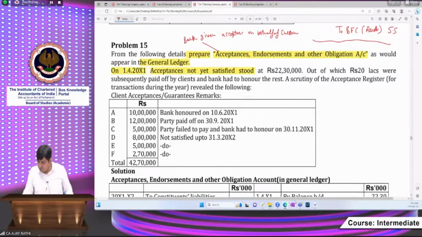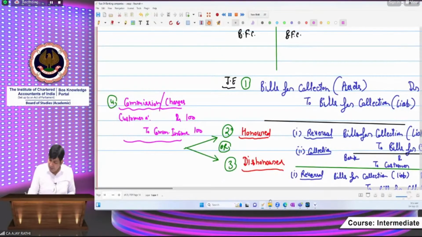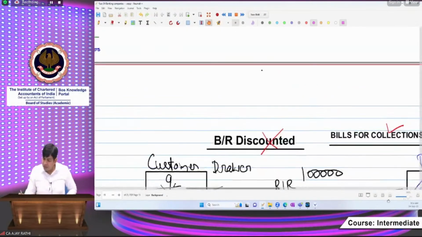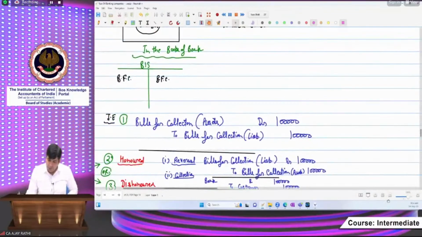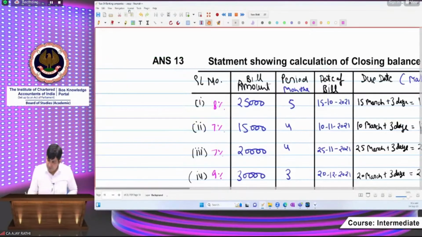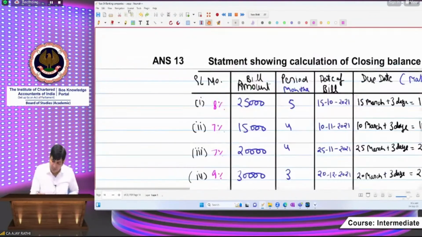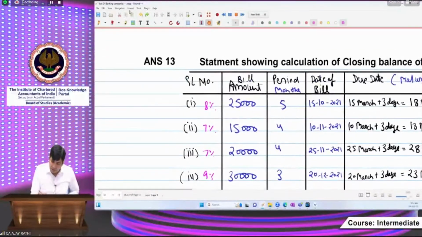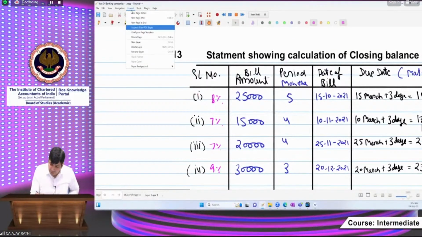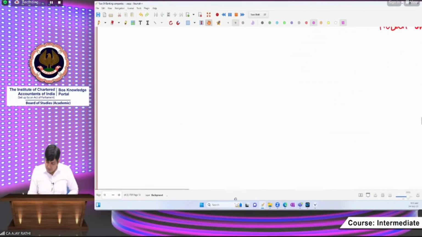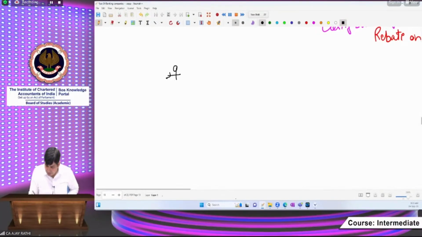Now let's take an example. Have you ever heard about guarantee, etc.? I am talking about that. Listen to me carefully. New page. This is the guarantee. Beta, the customer is there. This is the customer.